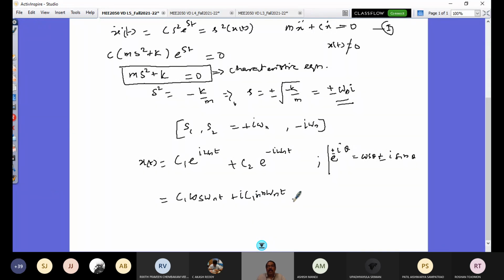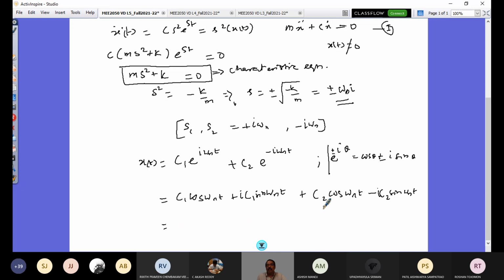C1 sin omega nt plus here this is going to be C2 cos omega nt minus C2 i sin omega nt. So now I can group this as real part and imaginary part.